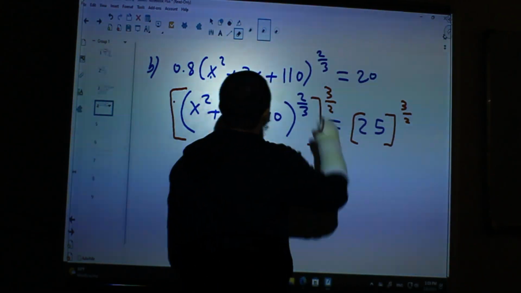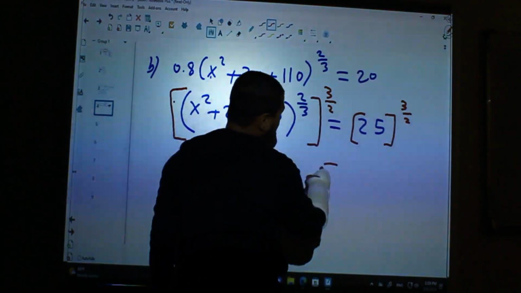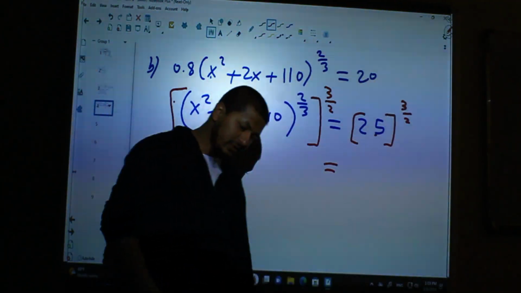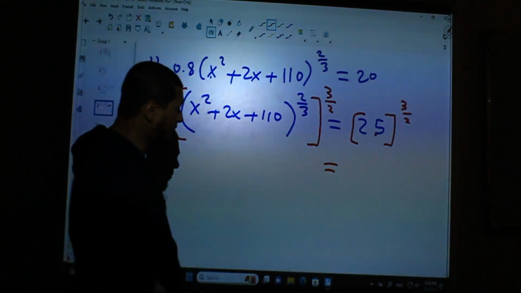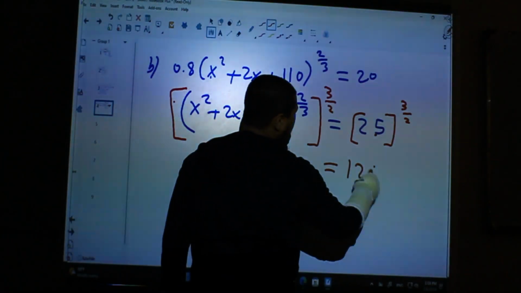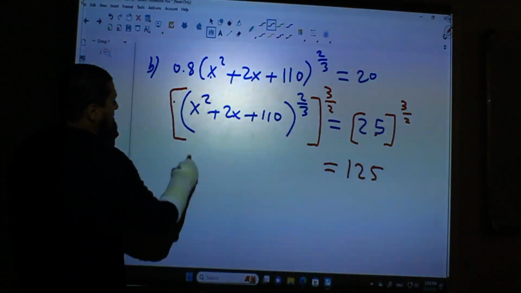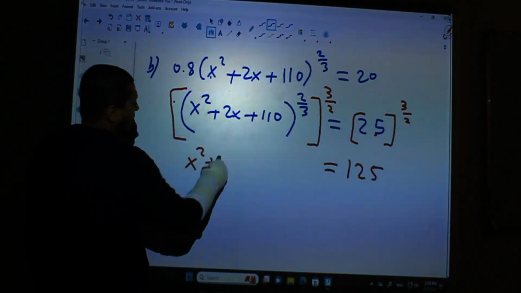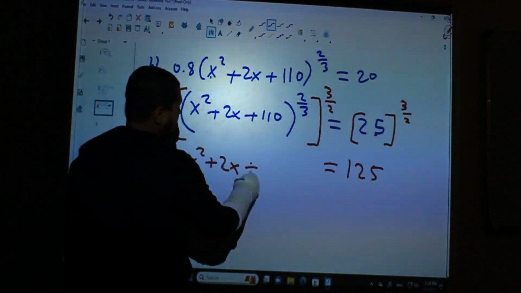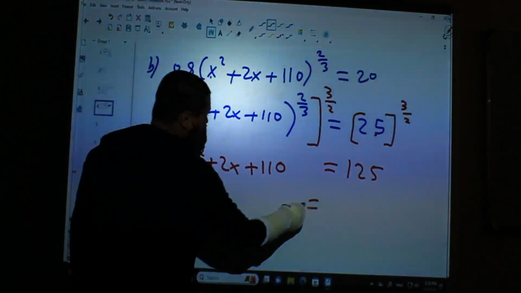Okay. Or you can just say 25 to the power 3 over 2 on the calculator. So you should get 125 on that side. And this is just x squared plus 2x plus 110.